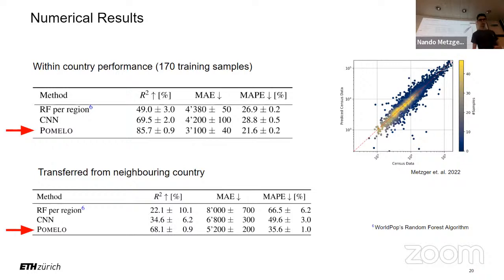I also wanted to note that this random forest per region, the algorithm I showed before, is the algorithm used by WorldPop, a quite famous provider of global population maps. As you can see, you get quite a lot of improvement over it. The CNN is also an implementation of our own. It's more or less the same guided super resolution technique, just that we use convolutions as well.